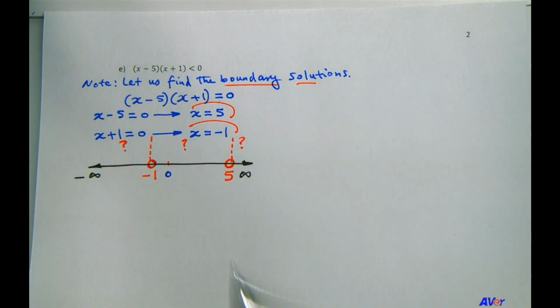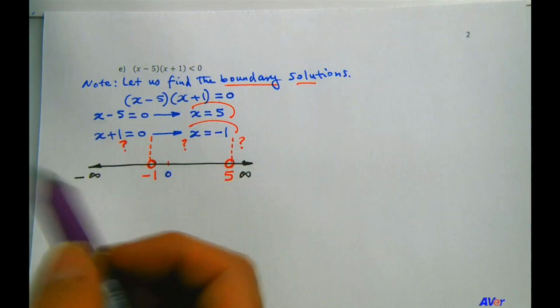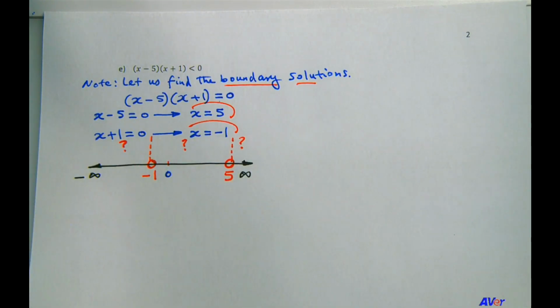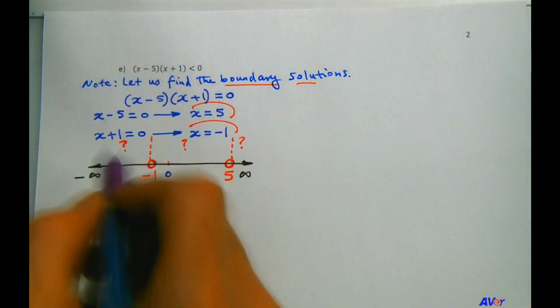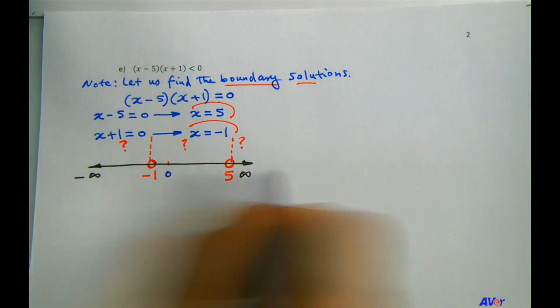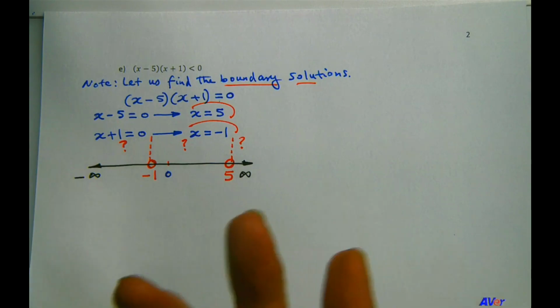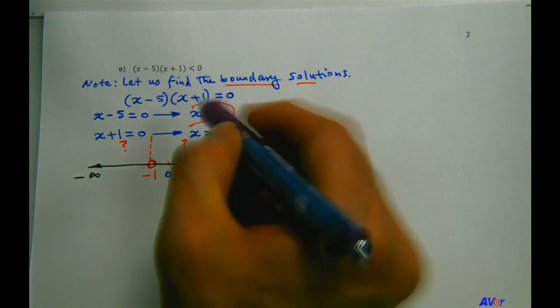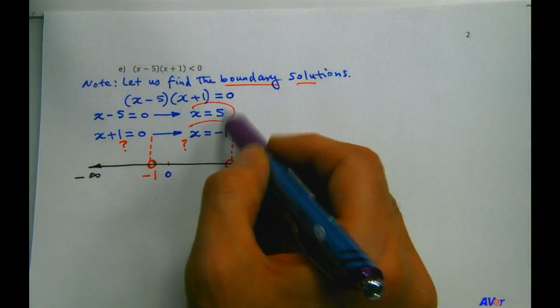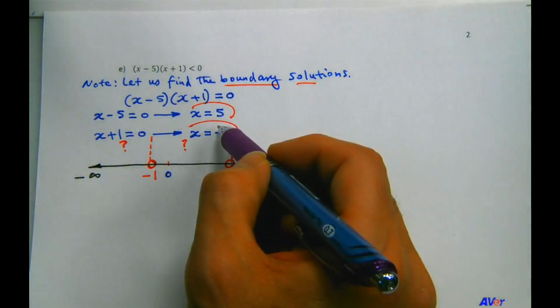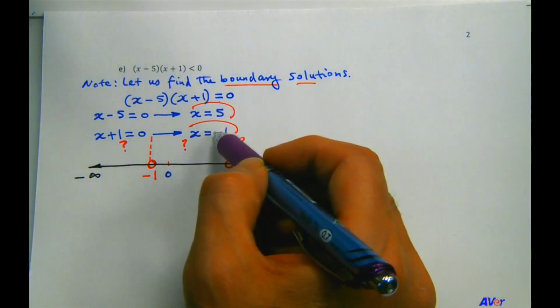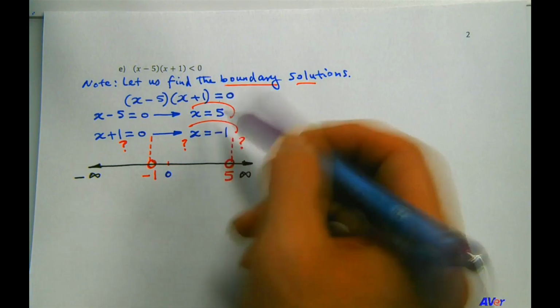So instead of spending more than a lifetime, which will not be enough, testing each of the infinitely many numbers in this inequality, we're just going to test 3 numbers to see what the solution is. And the reason we can do that is because we are able to find the boundary solutions first. So the boundary solutions make this possible. Very, very important to remember.